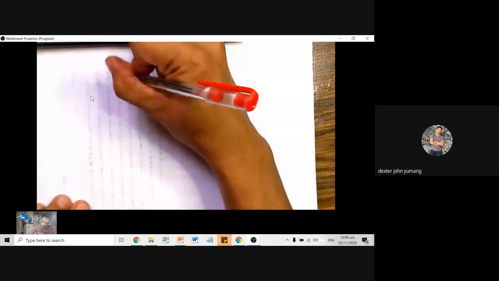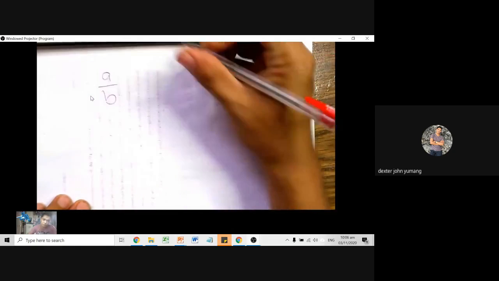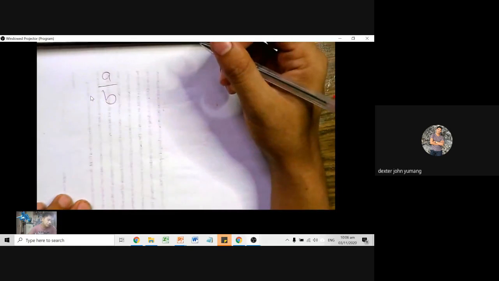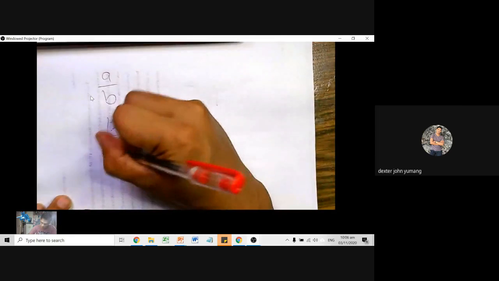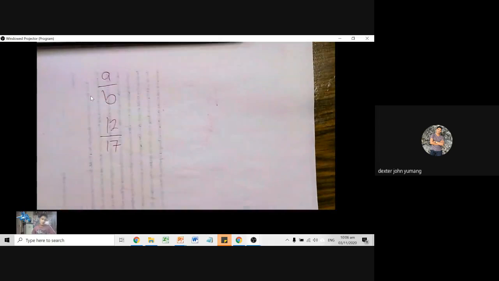So we have a over b. Makita ba ninyo? Opo. 12 over 17. Is this a rational number? Sabi po sa definition, a over b daw siya or fraction. Is this a rational number? Yes or no? Type on the chat box. Sabi po ni Arola, yes.